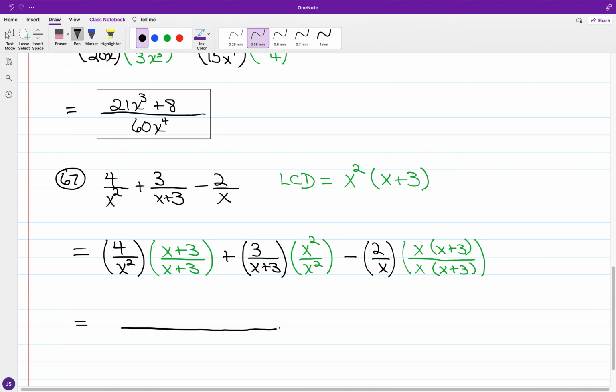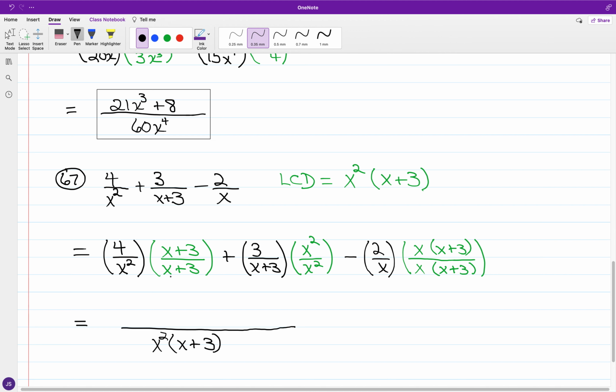So all these denominators should be in the formation of x squared times the quantity of x plus 3. With the first, you got x squared times x plus 3, x squared times x plus 3, and x times x is x squared, and then you have times x plus 3.